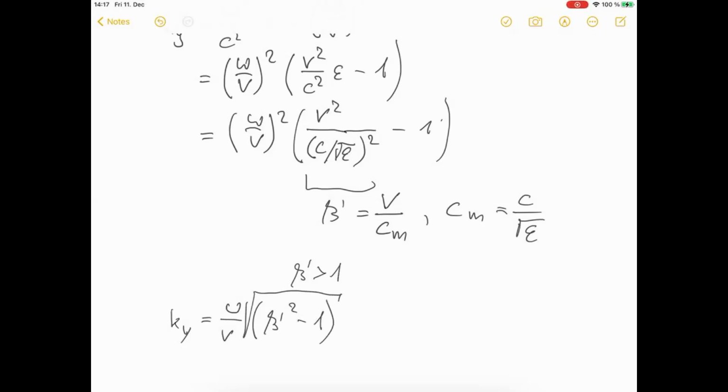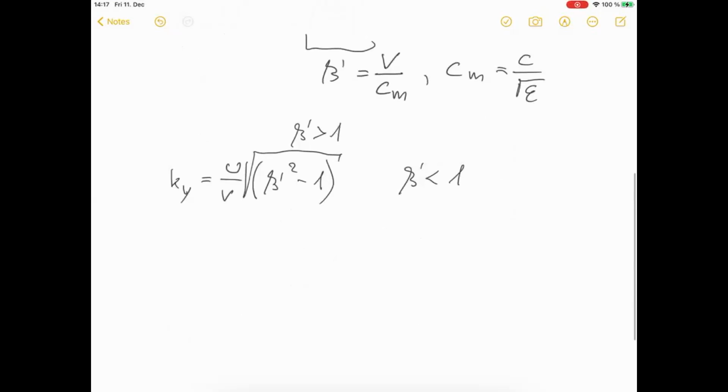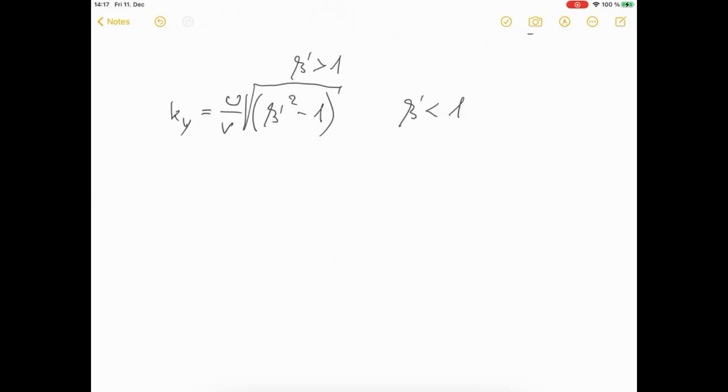But now we wonder what happens for beta prime smaller than 1. If we do not surpass the threshold of real emission of photons, we do not radiate so-called Cherenkov radiation, it's smaller than 1. In this case, we view the radiation as a plane wave.